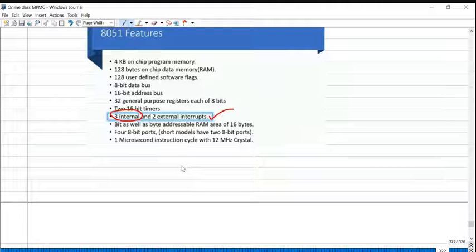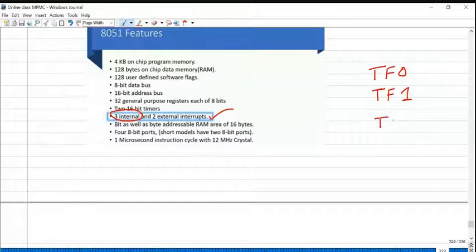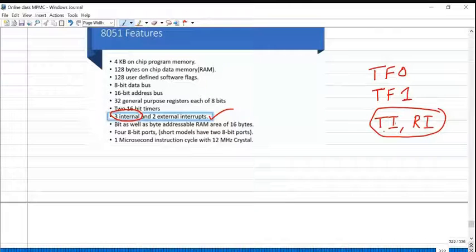Do you remember that? For serial communication, there are the transmit interrupt and the receive interrupt. So whenever a byte of information is transmitted successfully, the transmit interrupt will be enabled. Whenever a byte of information is received successfully, the receive interrupt will be enabled.